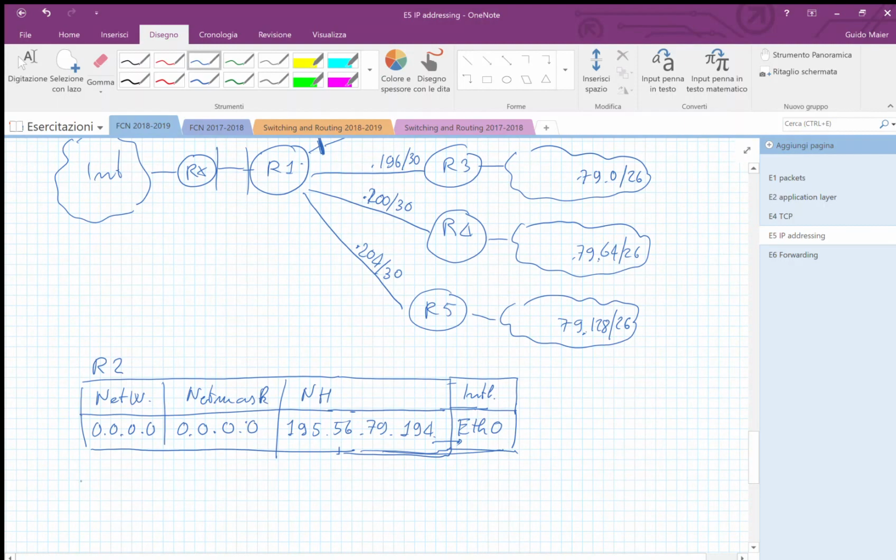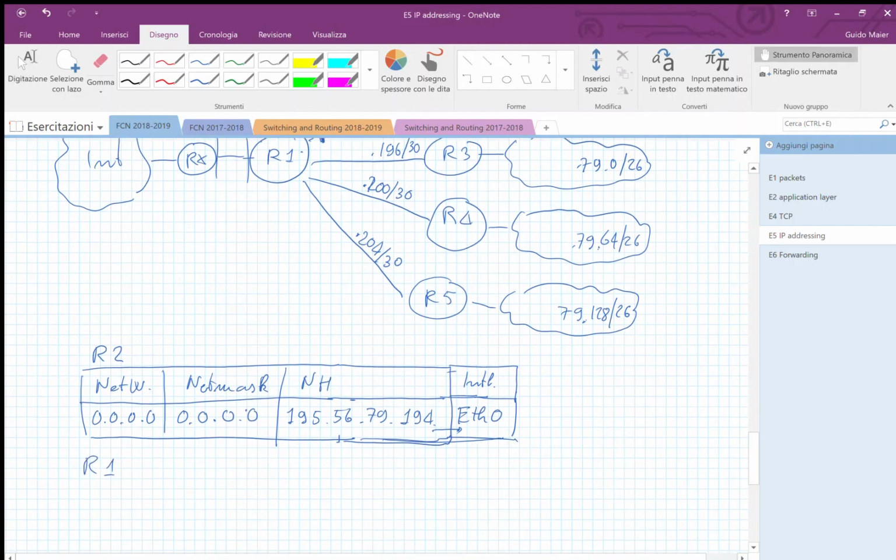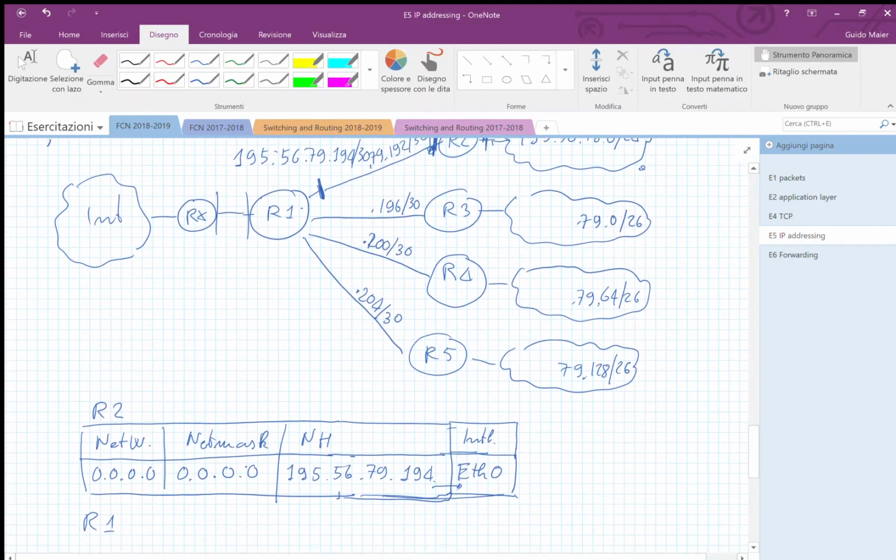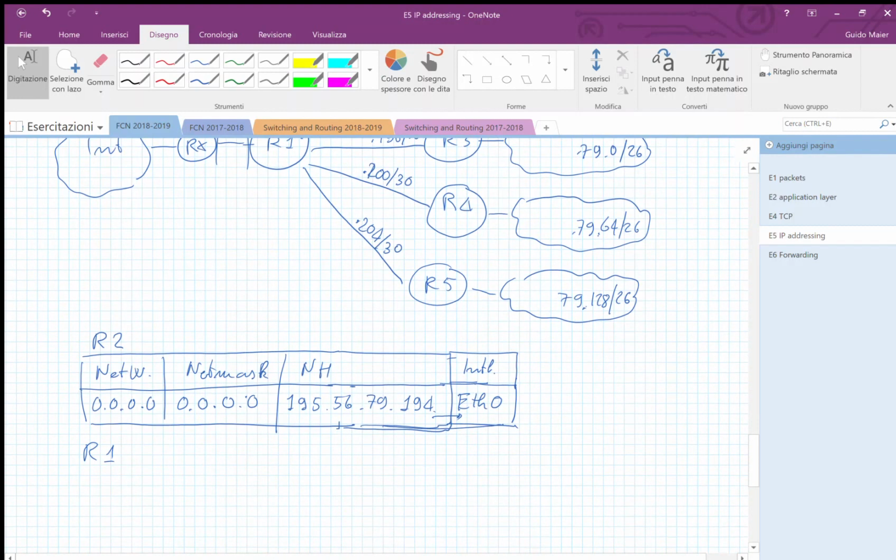The routing table of R1 is more complex. And here in R1 we have to apply the distinction between the different subnets.